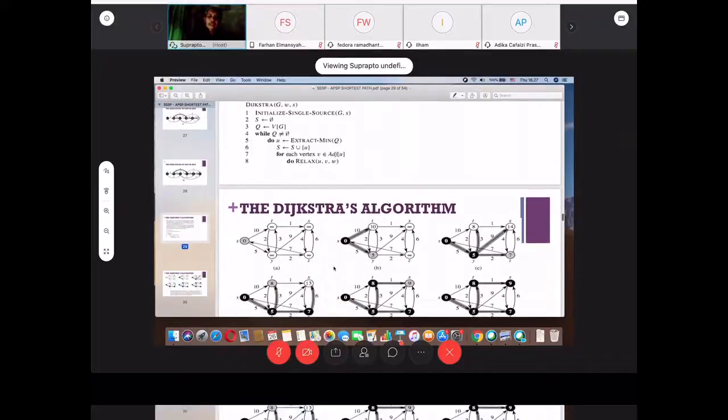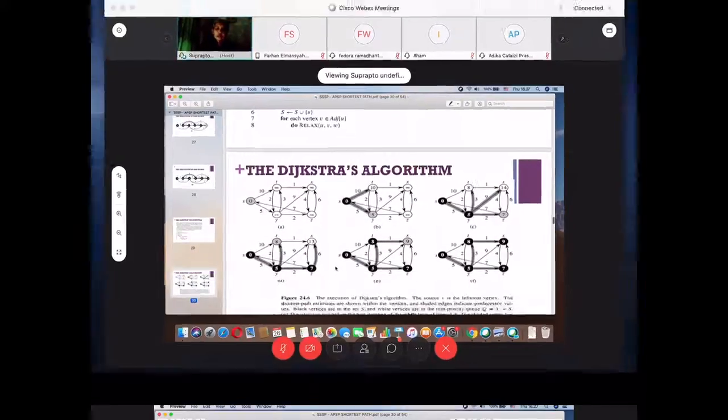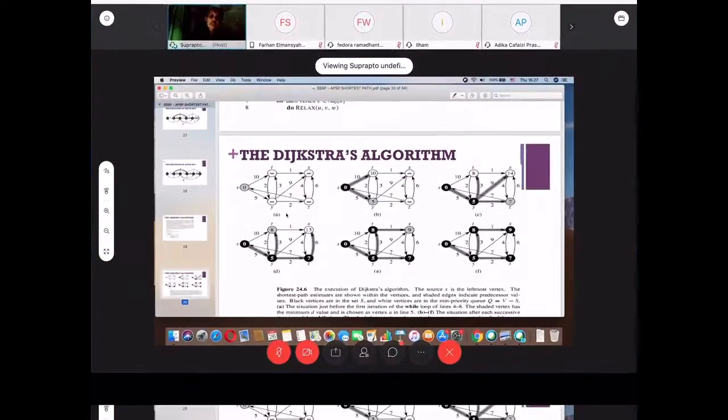Okay, let's see the illustration. This is after initialization, after calling the initialize single source in the previous video. We have the labels of all vertices: the source is 0 and the others are set to infinity.